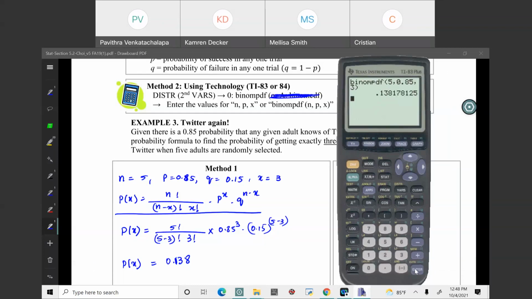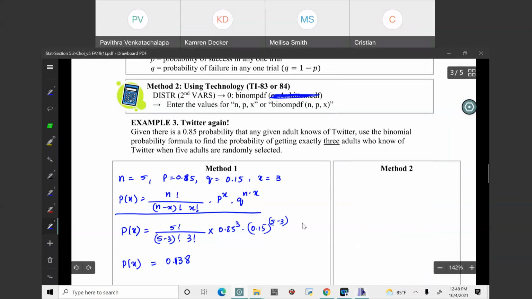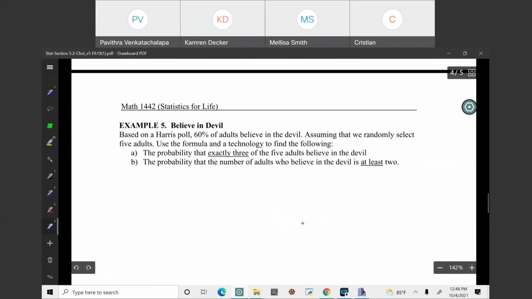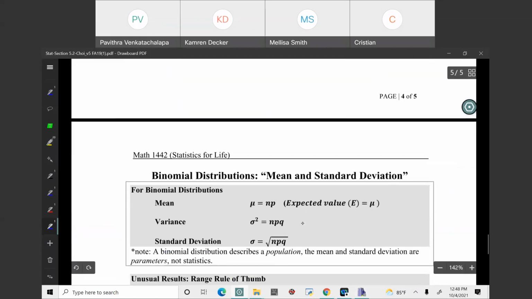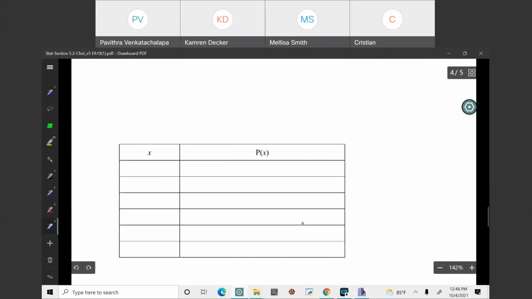Close braces, enter, you get 0.138. So you can use a calculator or you can also use the formula. So the probability of getting 3 is 0.138 using a calculator. Okay, so we will look at the other examples in the next class.